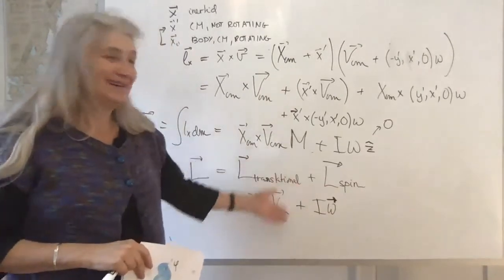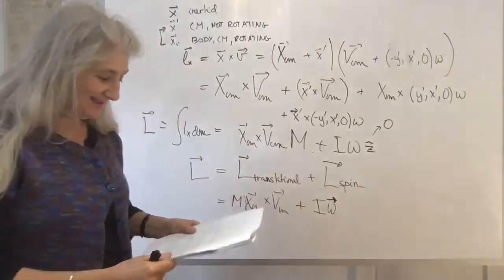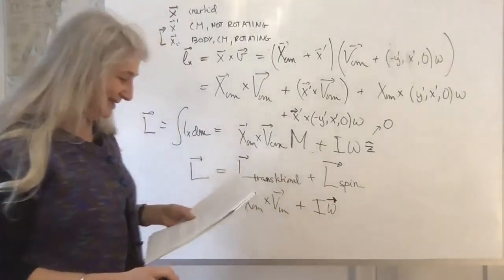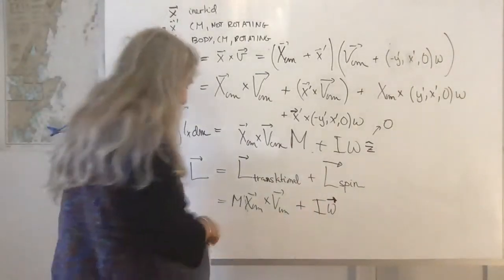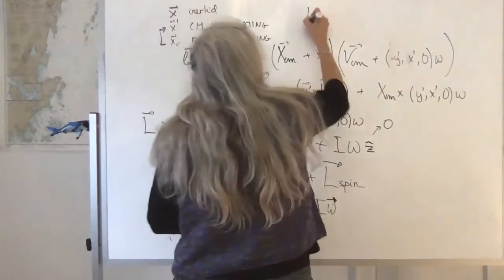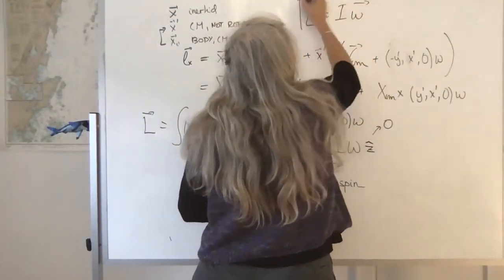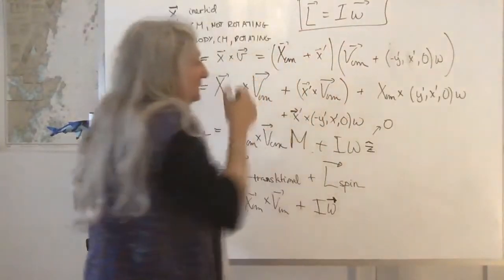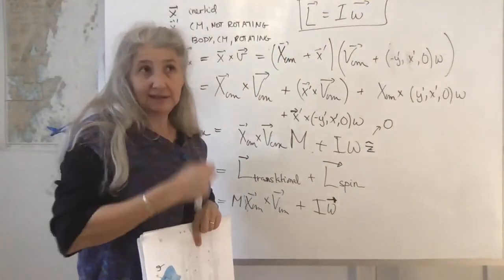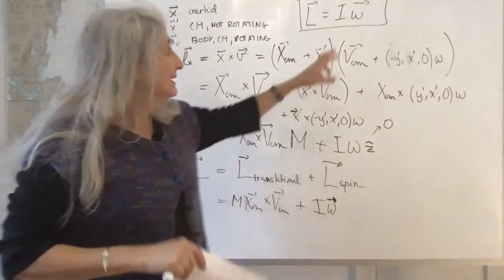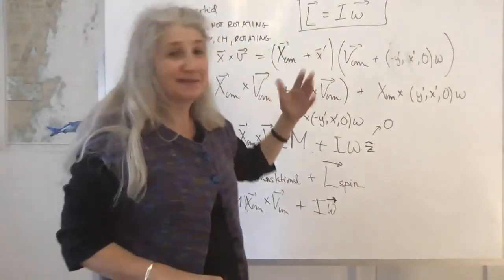You can often decompose the total angular momentum into these two specific quantities. So the basic thing is L is I omega, and that's the thing you have to remember. We did this with angular rotation around the z-axis. Well, what if we had angular rotation around some other direction?